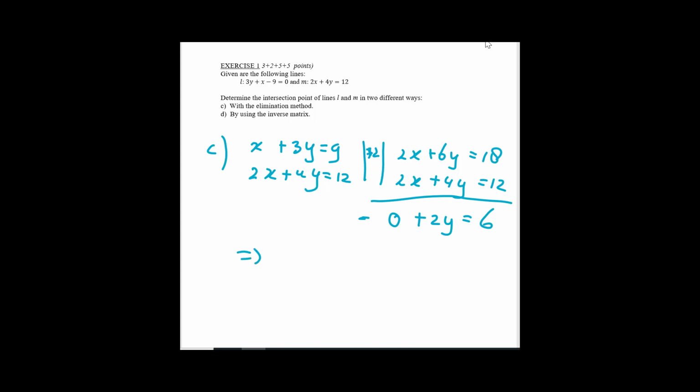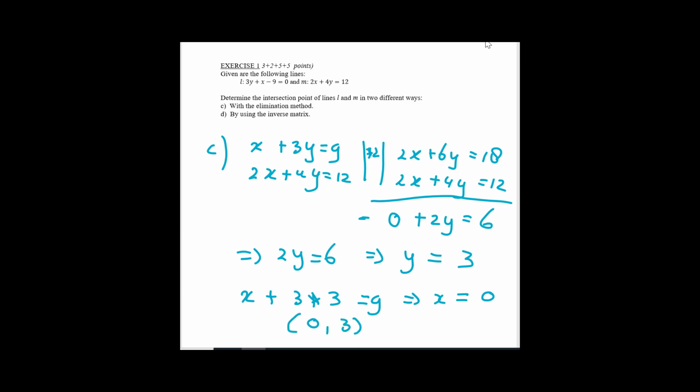So that means now we have 2y being 6, so y being 3. Okay, then we use one of the lines to calculate the x. So let's do the first one. So x plus 3 times 3 equals 9. So that means x equals 0. So the intersection point we found would be 0, 3.